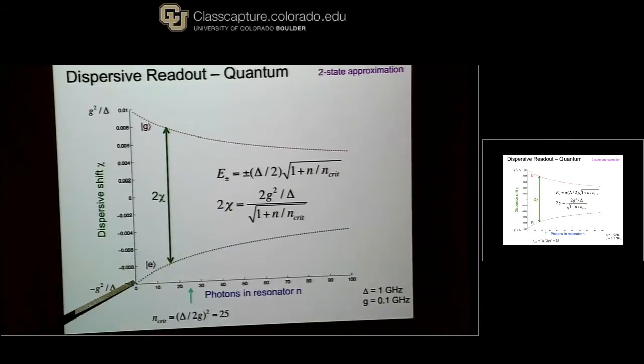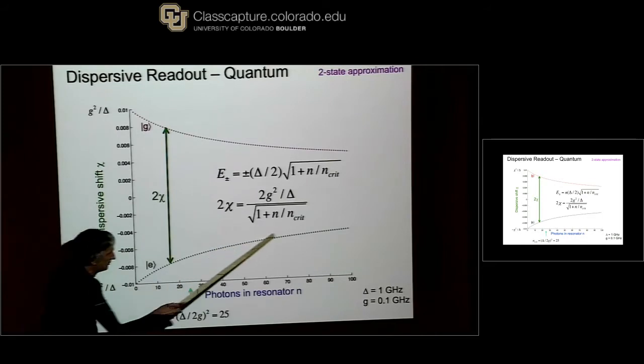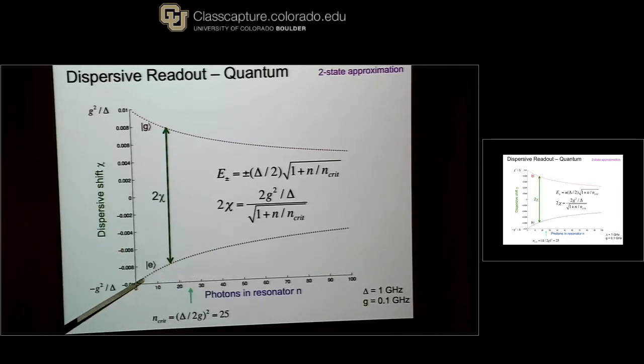And the characteristic photon number at which this rolls over is called n crit, which is delta squared over 4g squared. In this particular simulation, that's about 25 photons in the resonator. You start losing the dispersive shift. Okay? There's the simple math.